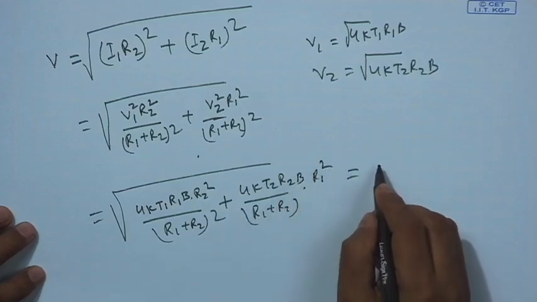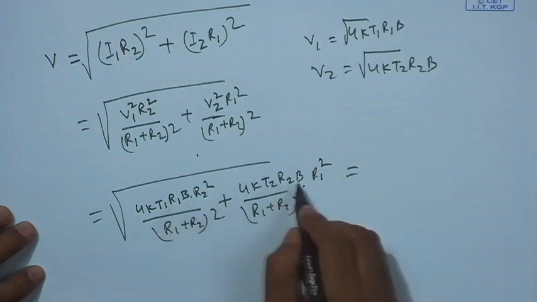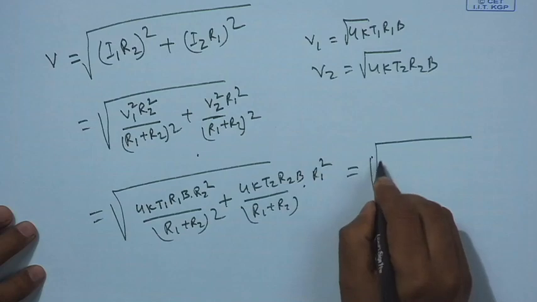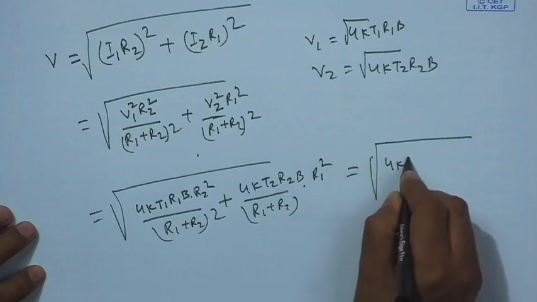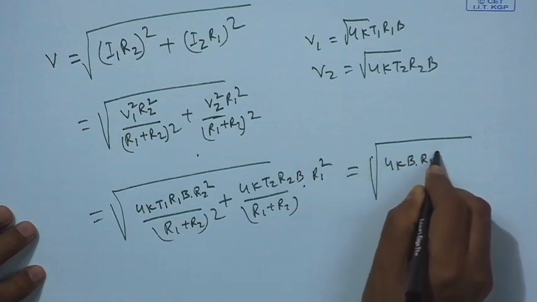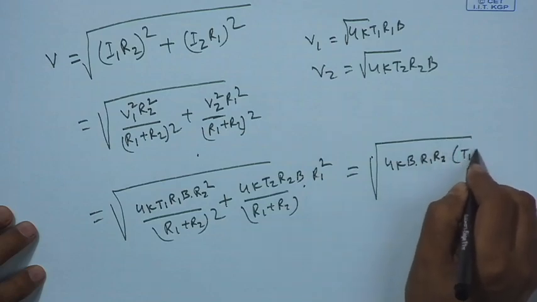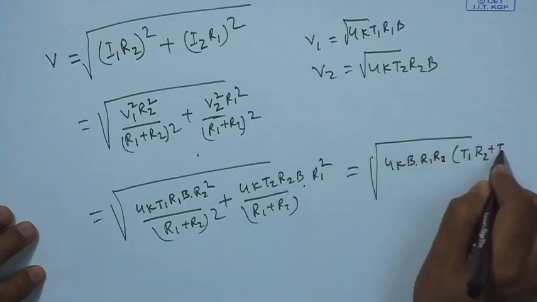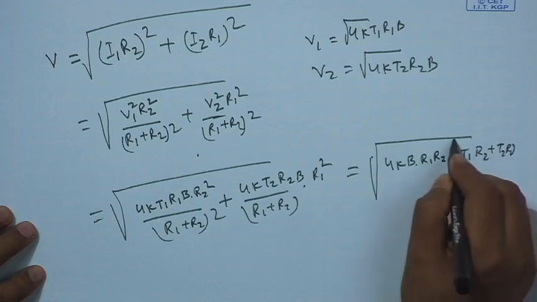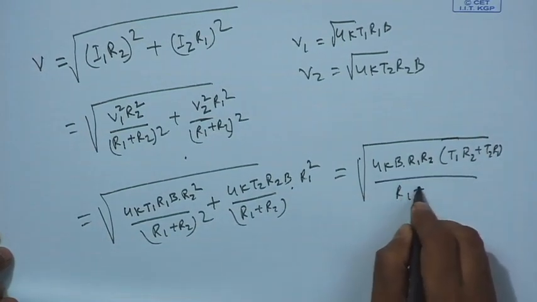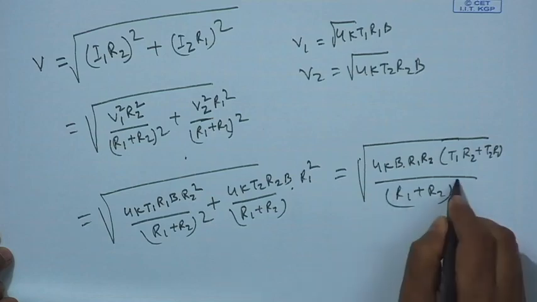If I simplify it, it will be root over of 4k B R1 R2, T1 R2 plus T2 R1, divided by R1 plus R2 whole square.